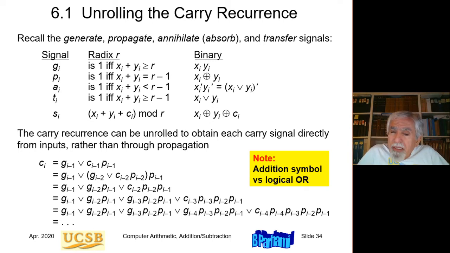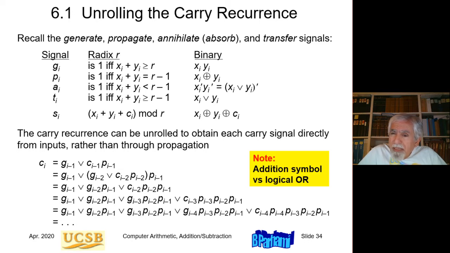So generate signal is 1 if the sum of the two digits is greater than or equal to the radix. So for example, when you add decimal numbers, if you add two digits, let's say 5 and 6, the sum 11 is greater than the radix 10, and therefore carry is generated in that position.